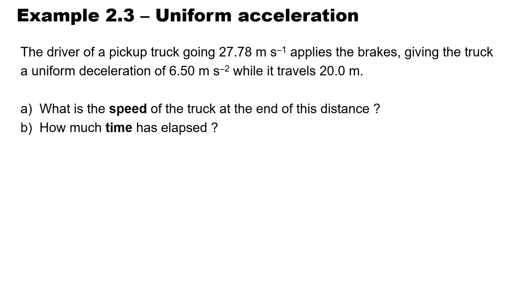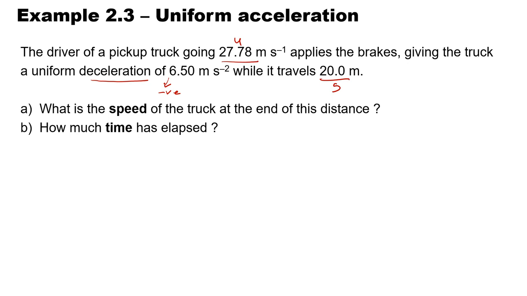Now, example 2.3. The driver of a pickup truck with initial velocity 27.78 meters per second applies the brake, giving the truck a uniform deceleration of 6.5 meters per second squared. The sign is negative because of deceleration. It will travel a distance of 20 meters.